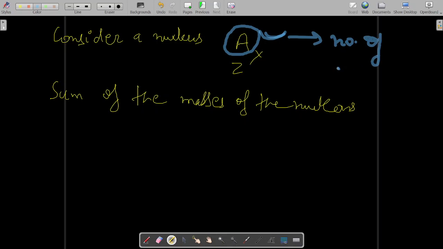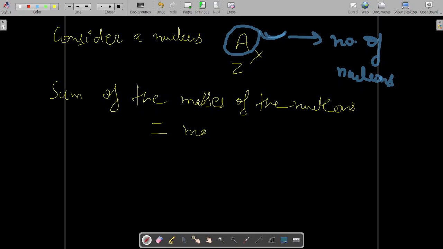Which is the mass number. But we are talking about the sum of masses of the nucleons, which means we are taking the decimal point value also. The sum of masses of the nucleons is equal to what?